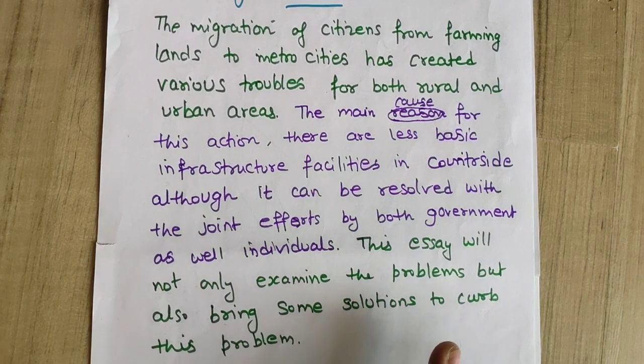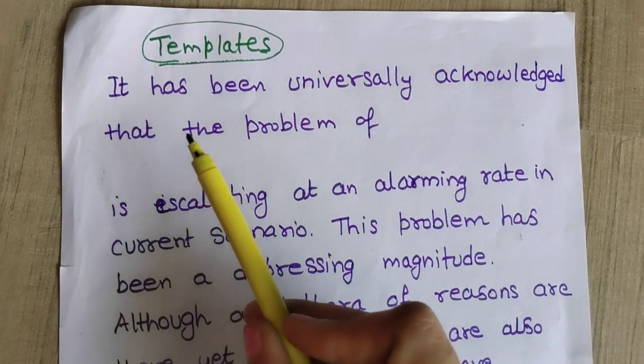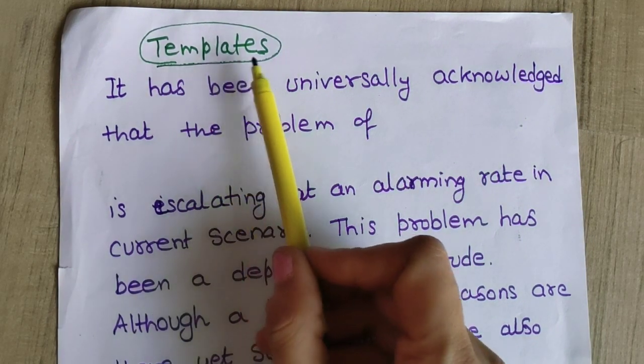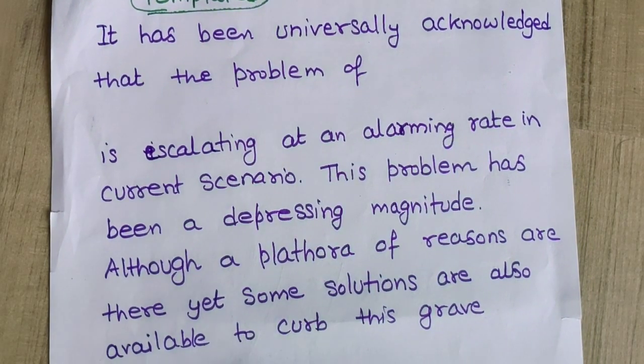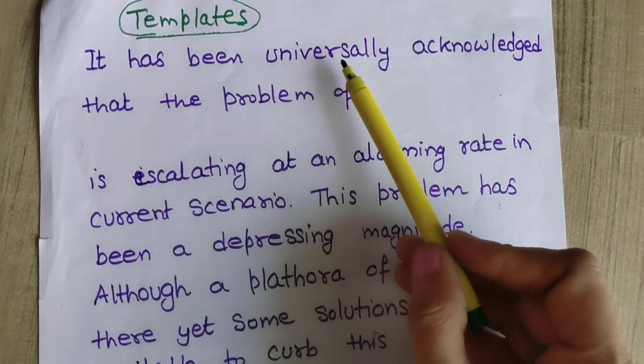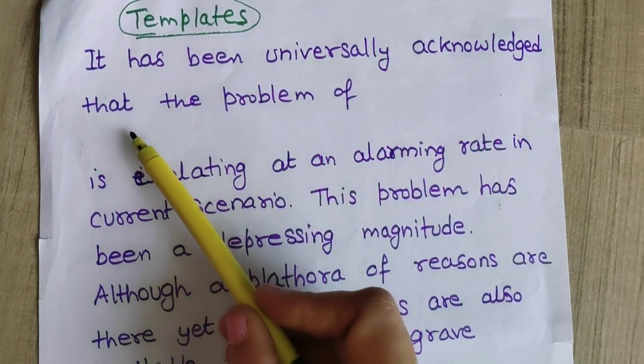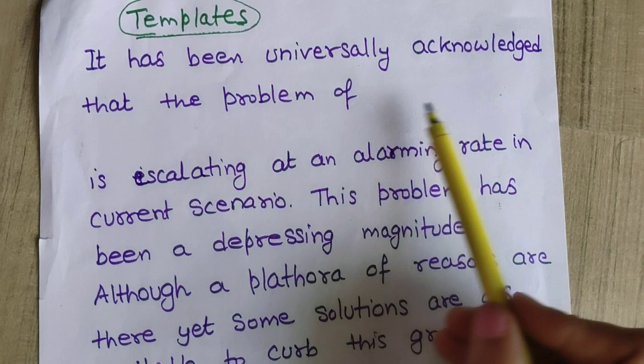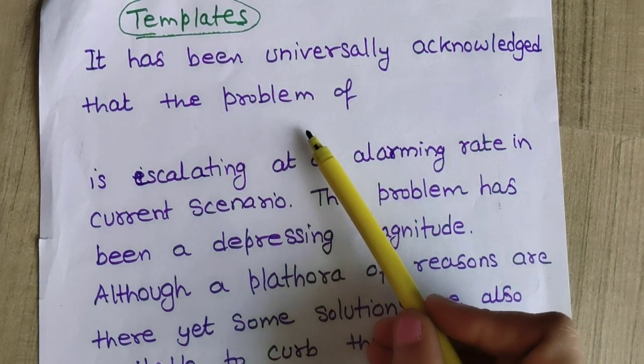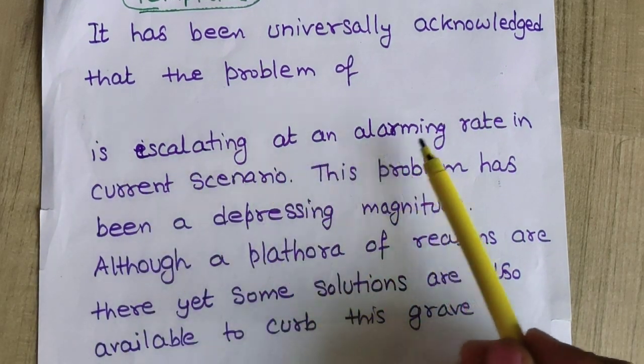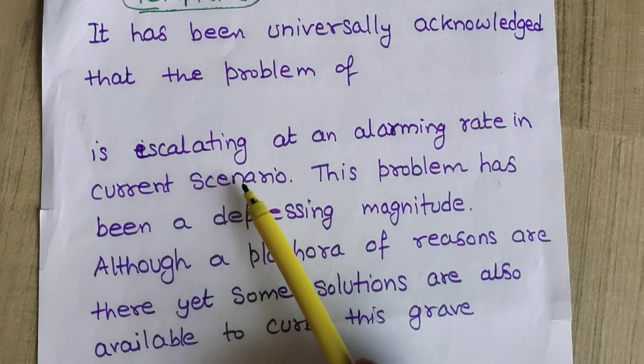Now come to the second type of method, that is, using templates. This template I have already written. It has been universally acknowledged that the problem of, we will be writing the main problem from the question statement, is escalating at an alarming rate in the current scenario.